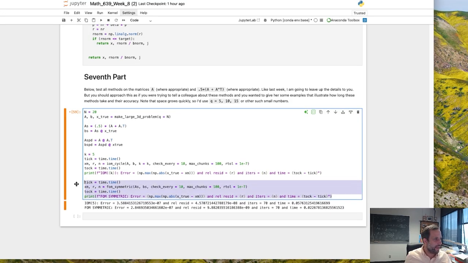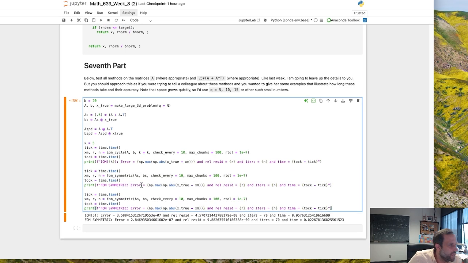All right, and now let's see. I'm just going to copy and paste some stuff here. I'm sure there's going to be an issue because there always is when I try to make it easy. So we're going to have CG here. This needs to be A_SPD. This needs to be b_SPD.